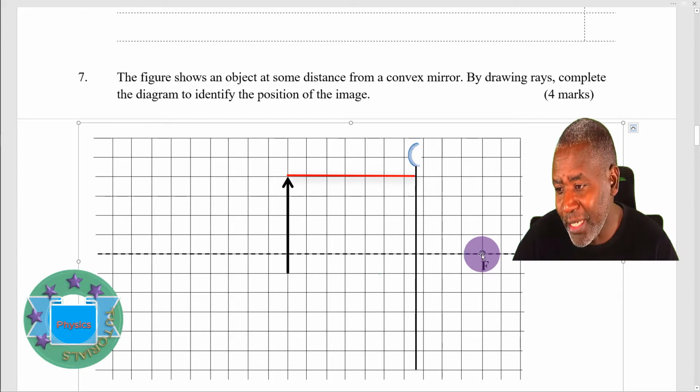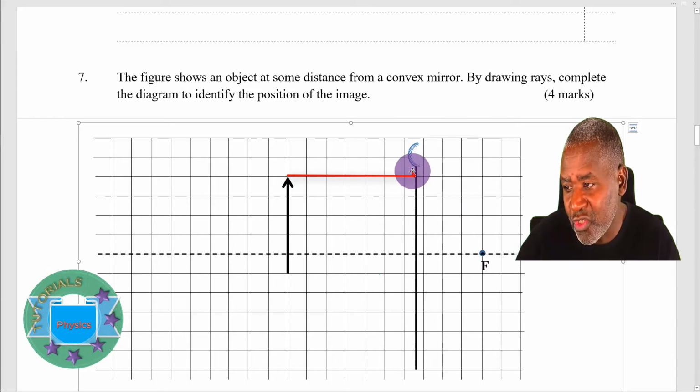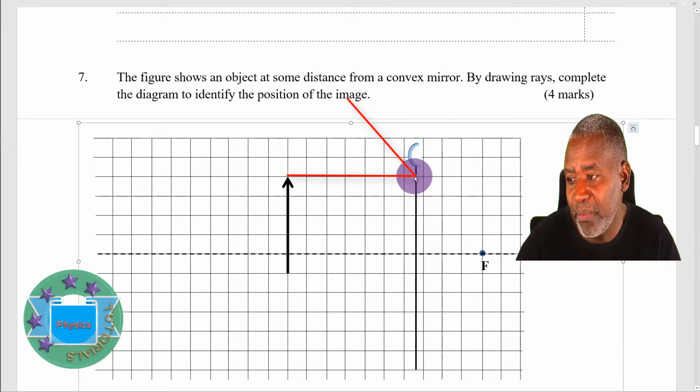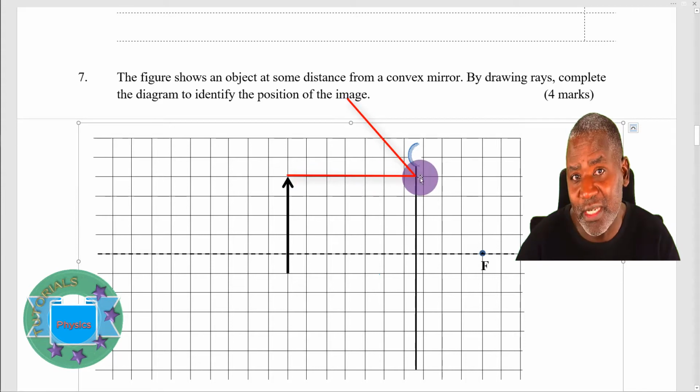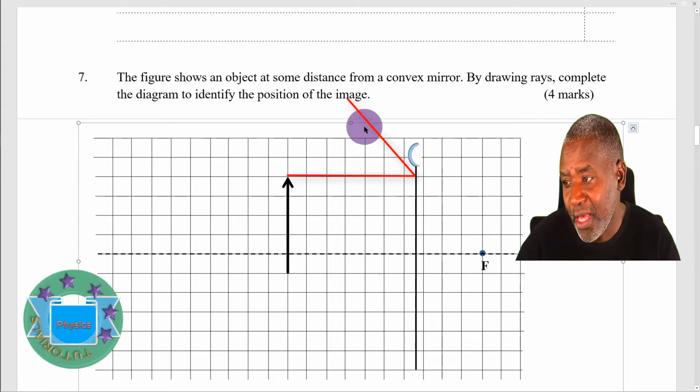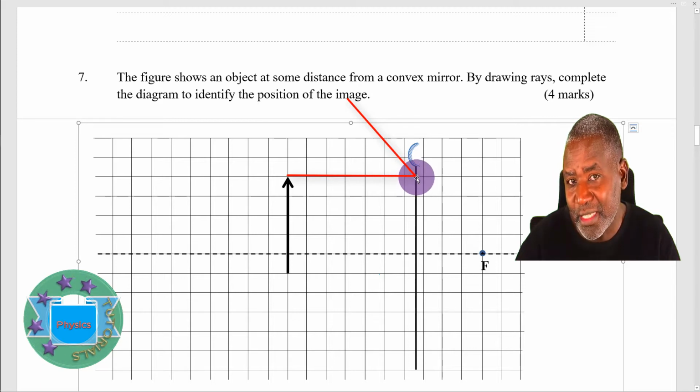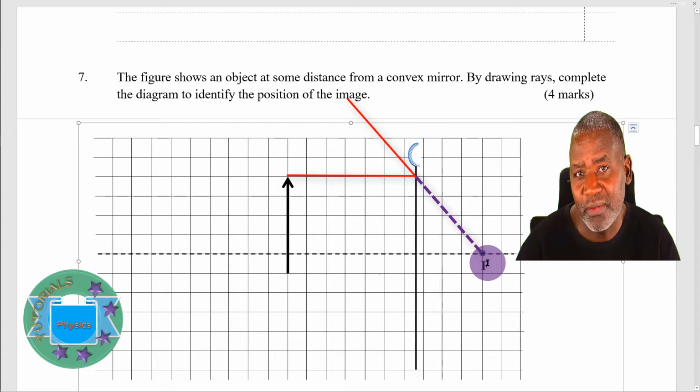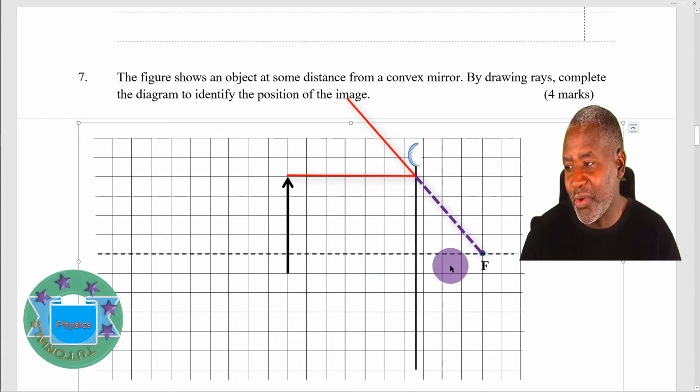I'm going to align this point with this point here with the ruler and then draw a ray moving in that direction. That will become the reflected ray because this one was the incident ray. Later on we are going to see that it is important for us to dot this ray backwards.